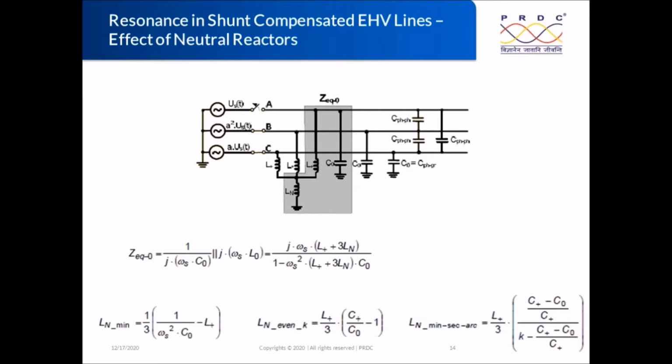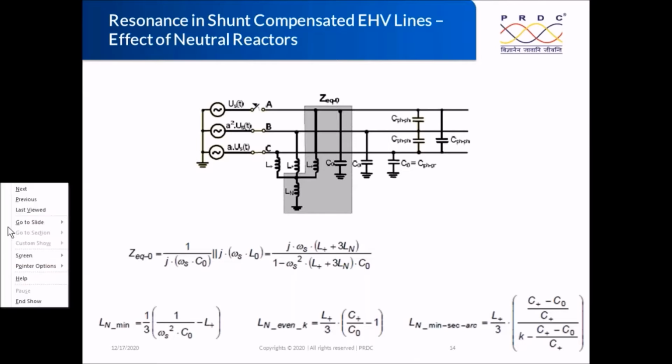For that, one application where we can use this neutral reactor is to reduce the minimum secondary arc current. Again, a formula is given here, but these formulas are valid only for the ideally transposed line, so that we can directly design what reactor values are required. Now let us go to the next slide.